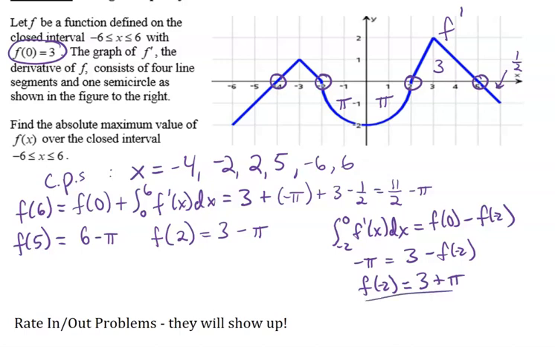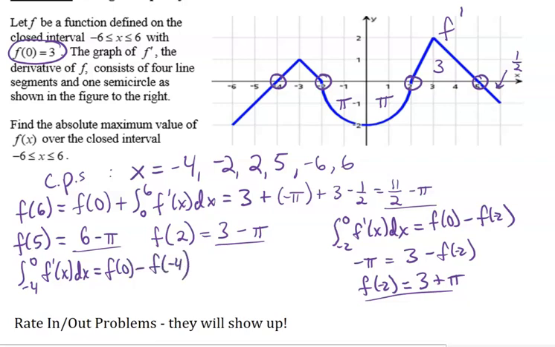So I've got this one, this one, this one. Okay, and so then I need to do negative 4 and negative 6. I'm going to come over here. Sorry, I'm a little all over the place. The integral from negative 4 to 0 of f prime of x dx is equal to f of 0 minus f of negative 4.